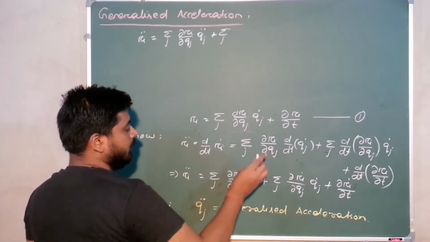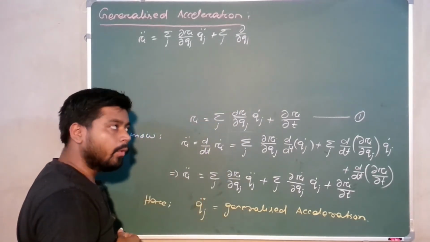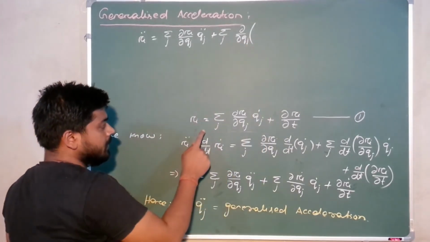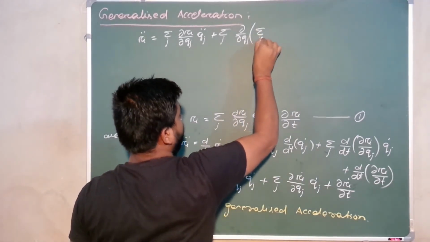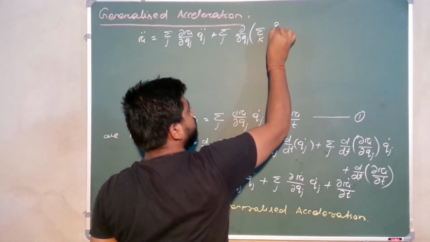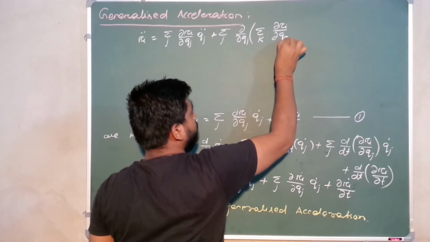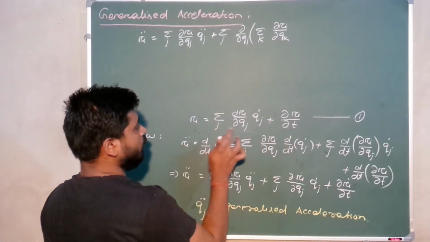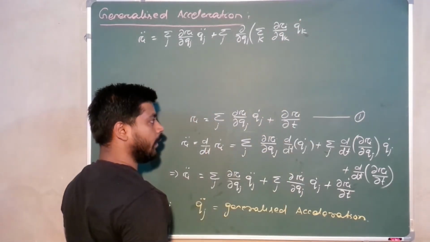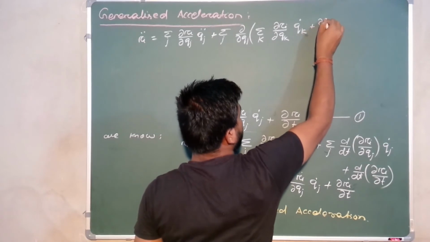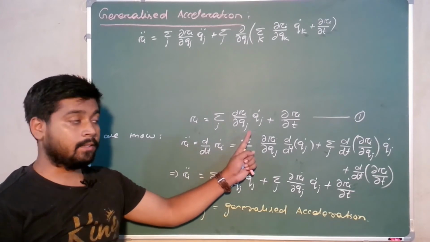Summation over j as it is, ∂ by ∂qj. Then change this index from j to k. What do I get here? Summation over k ∂ri/∂qk, then qk dot, plus ∂ri by ∂t. Only change the index of j, not the index of i.